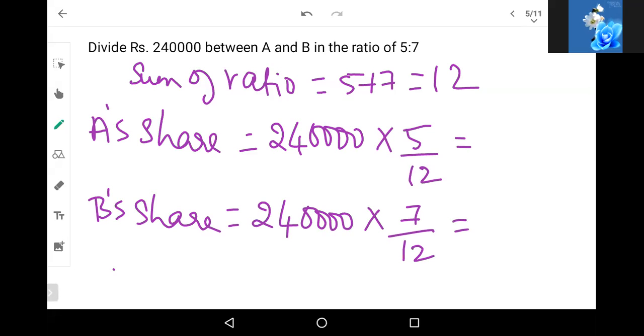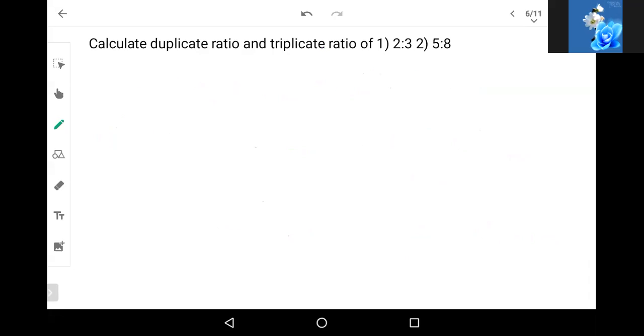So 2,40,000 into 5 by 12 will give us rupees 1 lakh, and 2,40,000 into 7 by 12 will give us 1,40,000. Okay, Praveen, don't give me in that thousands. It has to be 1 lakh and 1,40,000. Can we go to the next question?